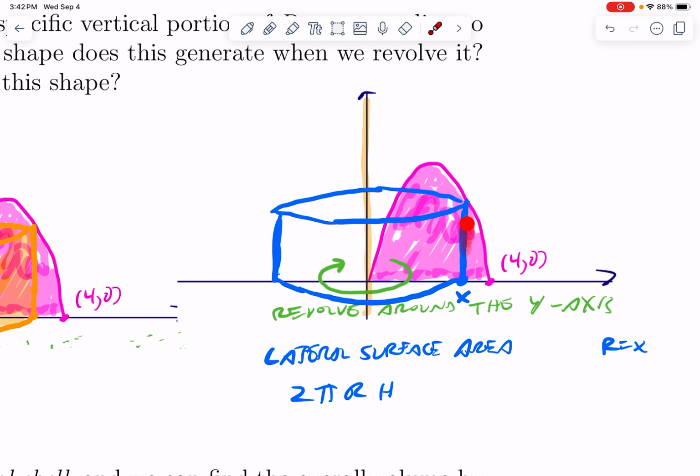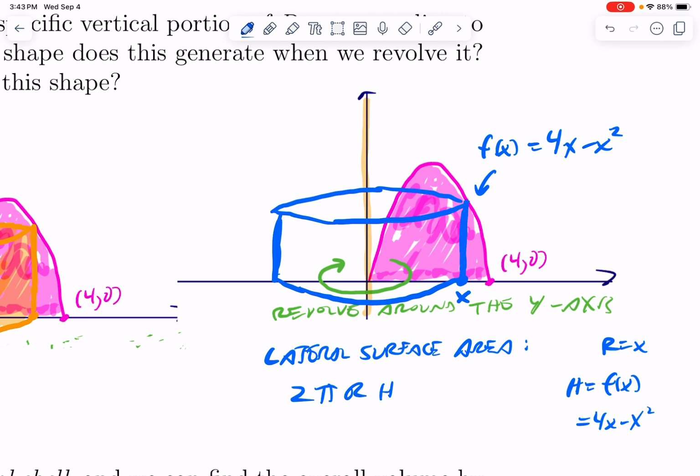And the height is this height here, which would be f of x, which in this case we know is 4x minus x squared. Maybe I didn't call it that before, but the height is the height of the graph at that point. As we move outwards, the radius gets bigger, and then the height gets bigger for a while and then smaller. So the radius is just tracked by x, and the height is tracked by the function f of x.